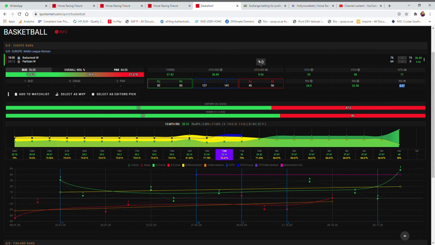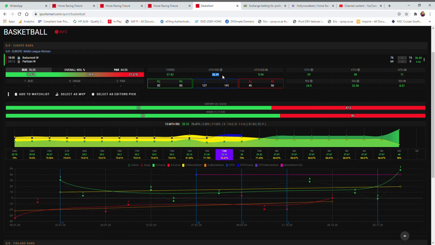So the head-to-head RSI net is 9.54, which is the 11 plus the 8.07 is 19.07, divided by 2 gives you that 9.54. And the head-to-head RSI end is also above 5 because it's 40 plus 32.98. That's 72.98 divided by 2 is 36.49.